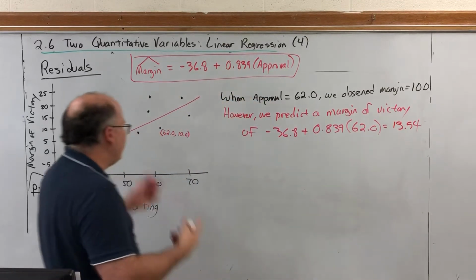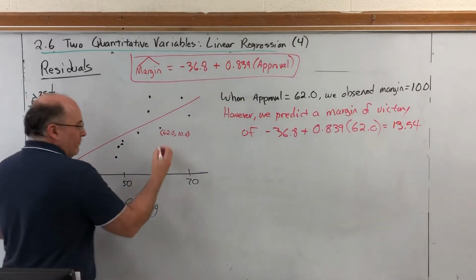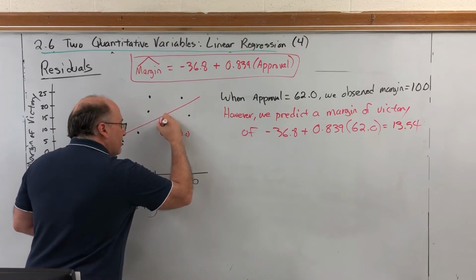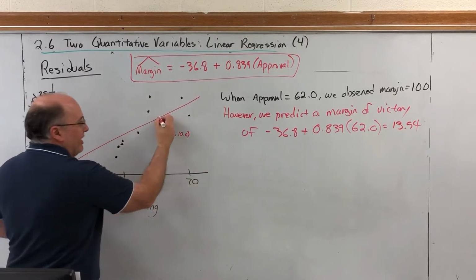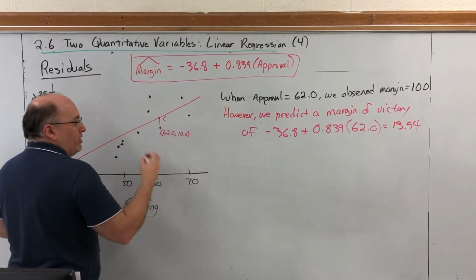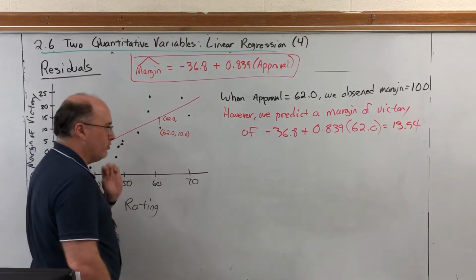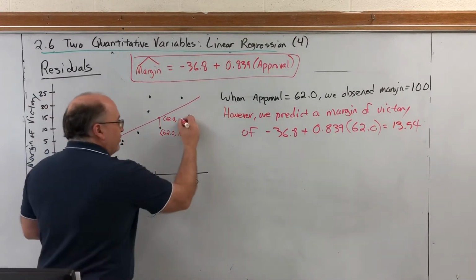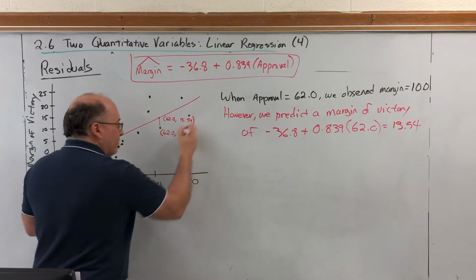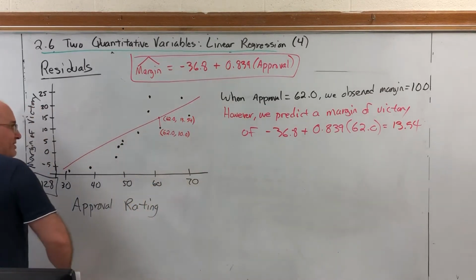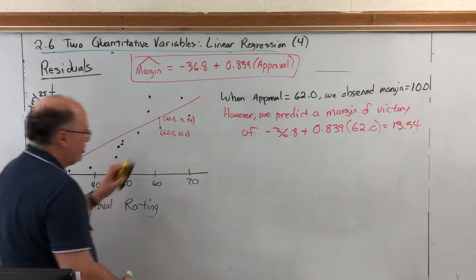So what does that mean in this picture? That means if we were to go up from the observed value to the line, the point on this line above it would be 62.0 because it's the same approval rating, but 13.54 because that's what our equation predicted. I do want to make one quick change.